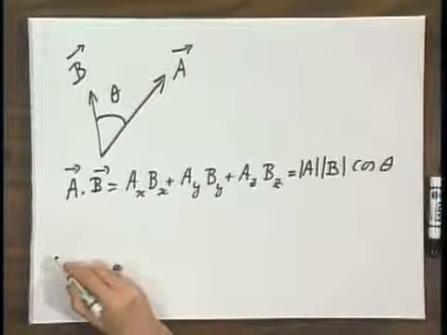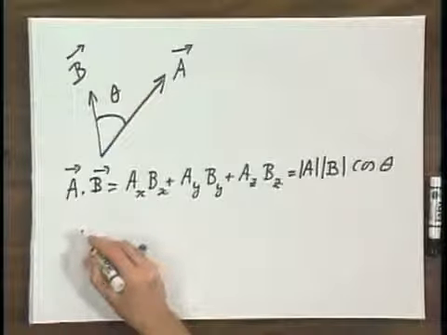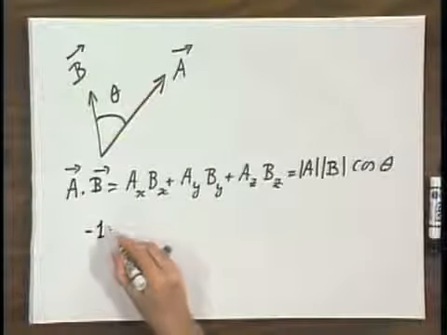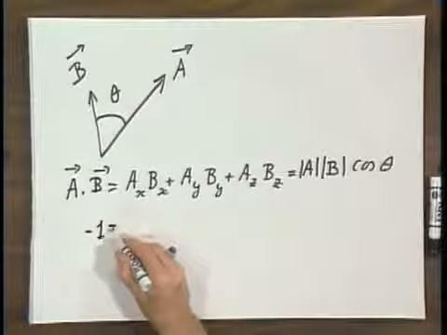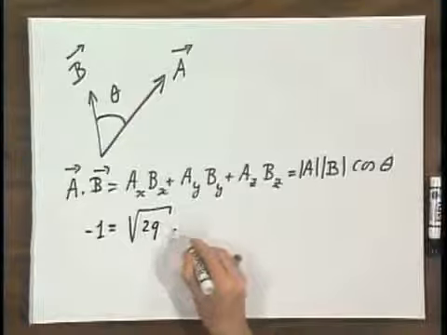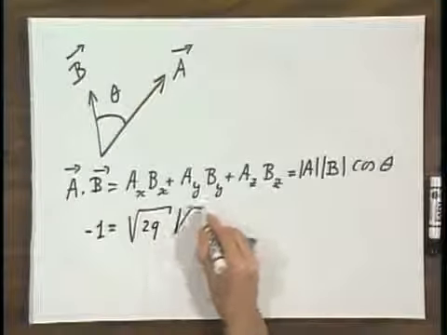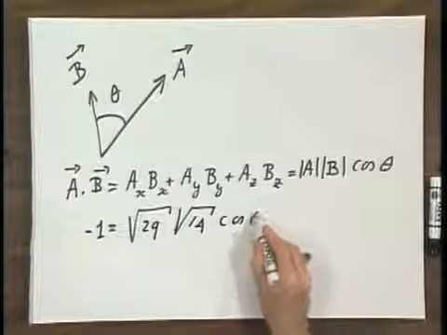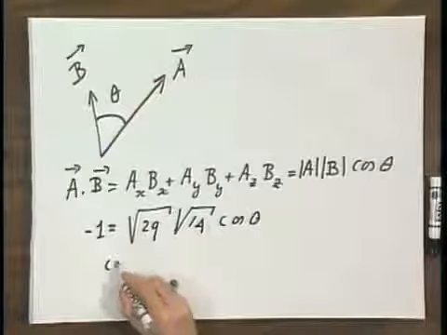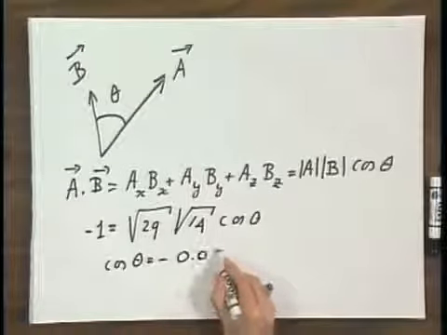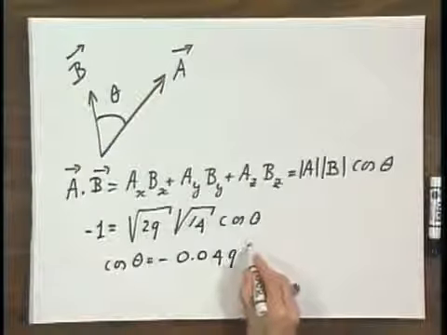Now in our case, in the example that we discussed, the dot product was minus 1, it's a scalar. And so minus 1 then equals the magnitude of A, which was the square root of 29. The magnitude of B is the square root of 14. And then we get cosine theta here. And so I find that cosine theta equals minus 0.0496.